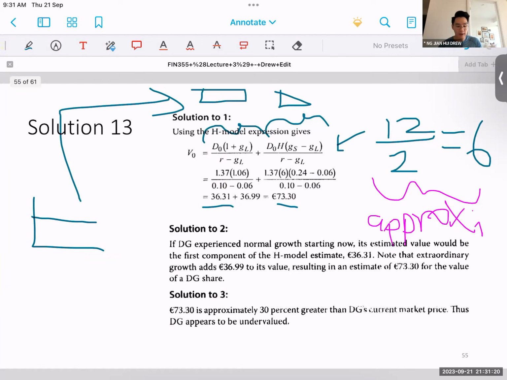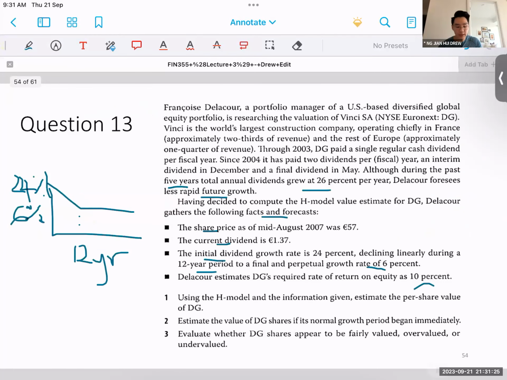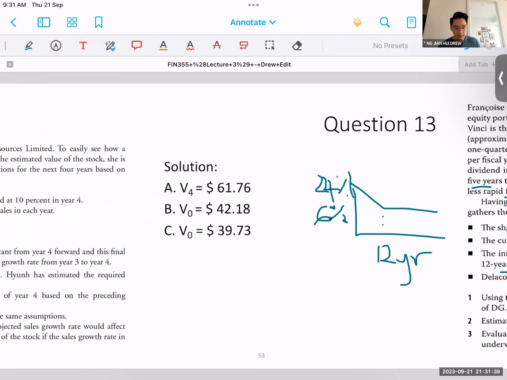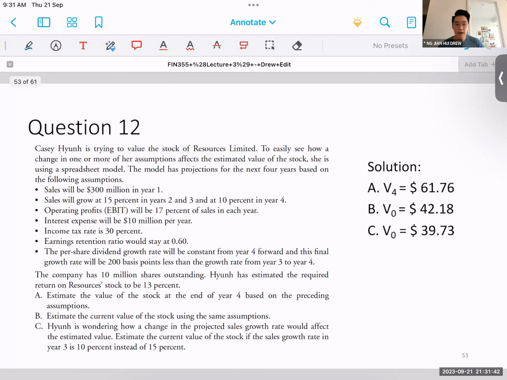So we have gone through solution question 13 and 14. I guess they are usually the tougher questions. I highly recommend you to practice the first 12 questions as well. And you'll see the first few questions are actually quite simple. Then there are some H model, and for example, this question 12 is a bit more tedious, but it's not complicated.